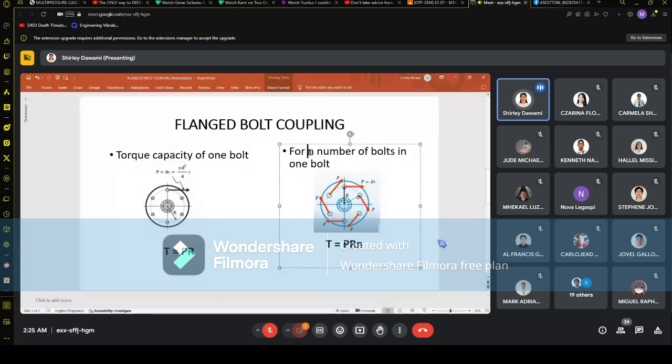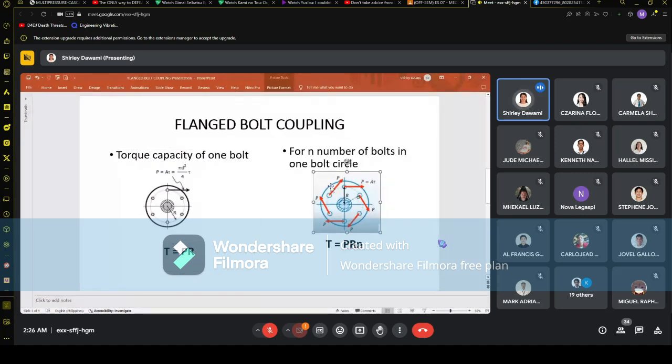Now, the next one is for n number of bolts in one bolt circle. Sorry, the previous one is only for one bolt. Okay, for one bolt only.